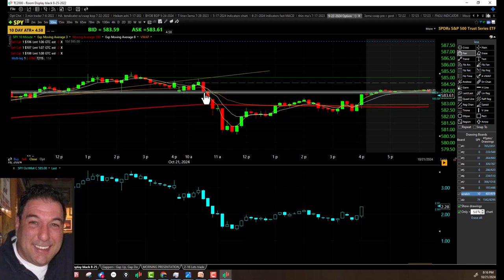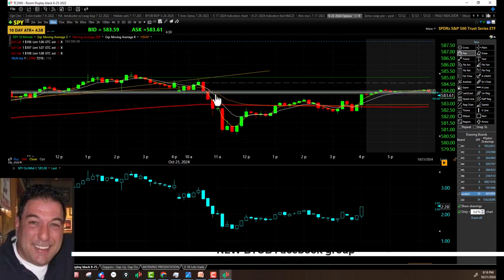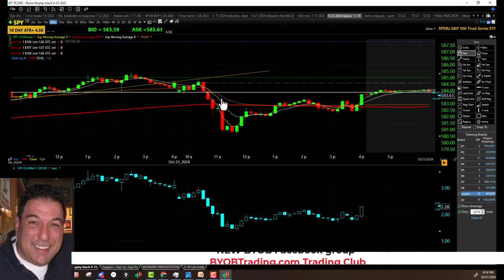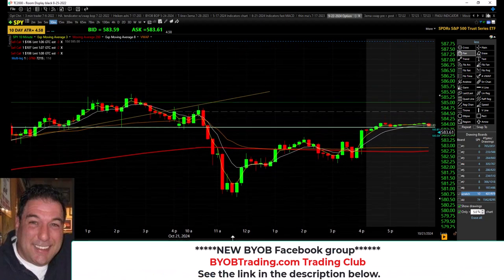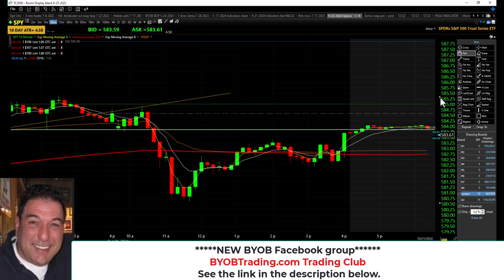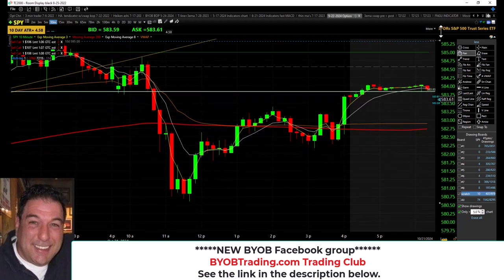So you can see price and the 3 are underneath the white 8. All 3 of those are also underneath VWAP. That's the burnt brown line right here. Let me blow this up so you guys can see a better picture. See the 3, and then here's the 8, and then here's VWAP, the burnt brown line.